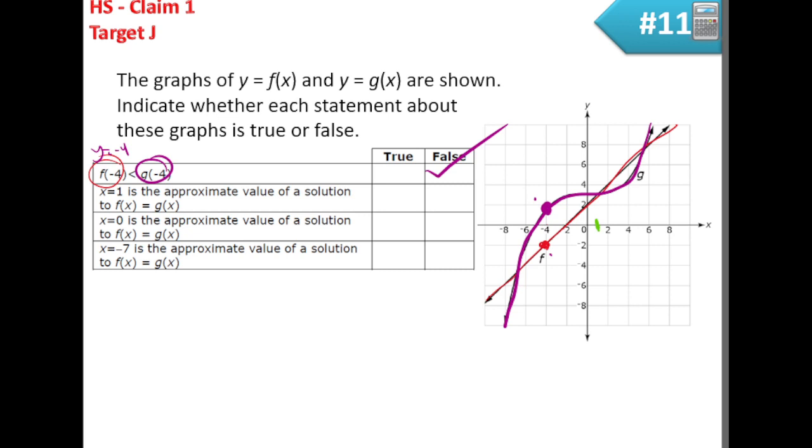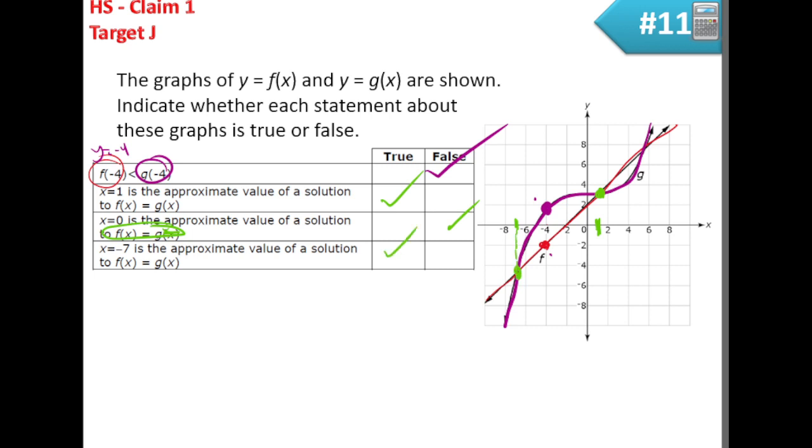The approximate value of a solution to f of x equals g of x. So do they meet here? True. So that means, do they meet at x equals 1? Yes, they do. At x equals 0, do they meet? So f of x equals g of x, do they meet there? No. At x equals negative 7, let's take a 7 right here, do they meet?